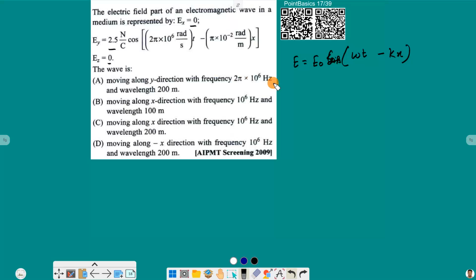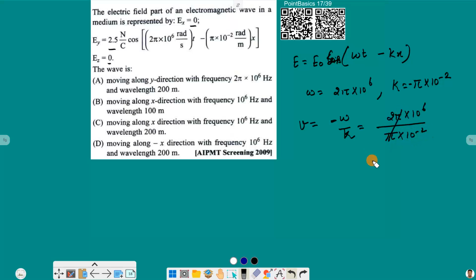So now comparing, we will get omega is equal to 2 pi into 10 raised to power 6, and k is equal to pi into 10 raised to power minus 2, and k is negative here. Now velocity will be minus of omega by k, so that will give us 2 pi into 10 raised to power 6 divided by pi into 10 raised to power minus 2.